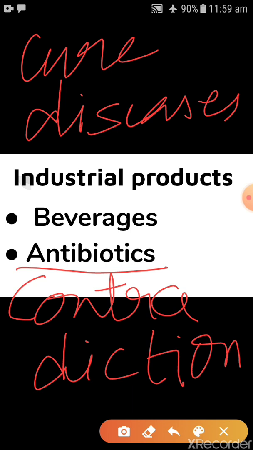And at the same time, we are saying that disease are also carried forward with these microorganisms only. So here we are saying that on one hand we are having groups of harmful microbes which are causing disease, and on the other hand we are having groups of friendly microbes which are curing disease by antibiotics.